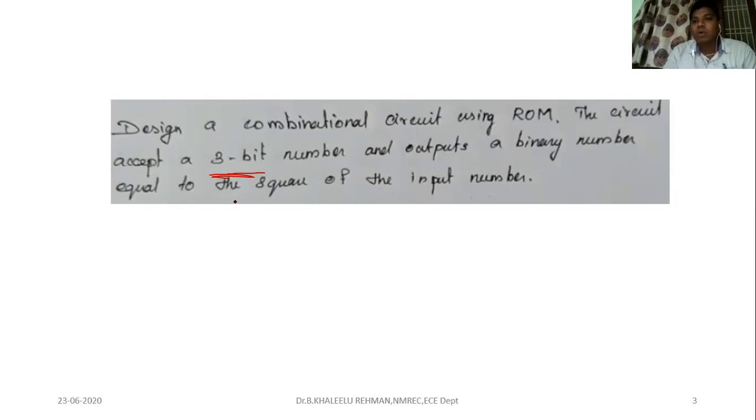A decoder is again an example of a combinational logic circuit. We have a 2x4 decoder, a 3x8 decoder, and a 4x16 decoder.